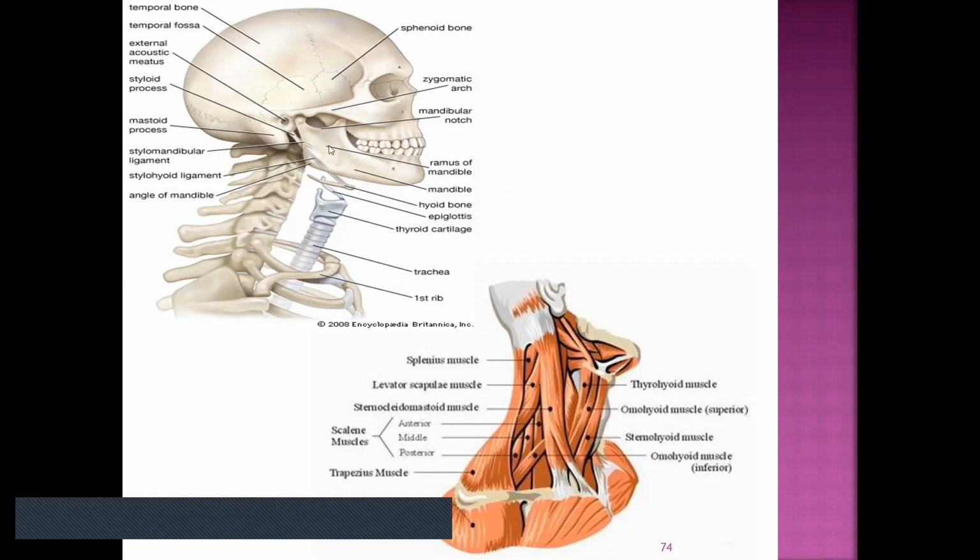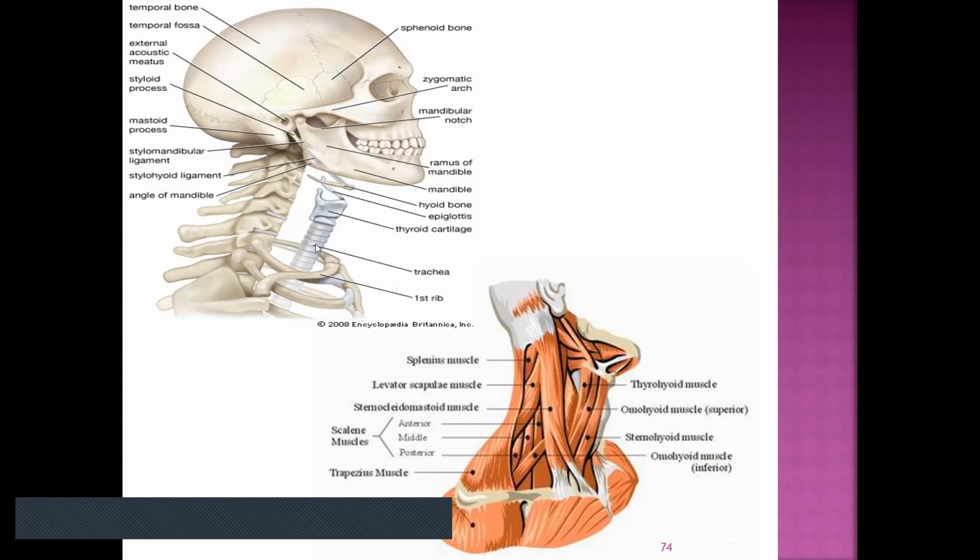Now, the ramus of the mandible is this depressed area, and the mandible is this lower portion. Okay, and then the hyoid bone is the one that is right under the mandible, protecting the epiglottis further, because this is more of a cartilage, this thyroid cartilage, and the epiglottis are soft bones.